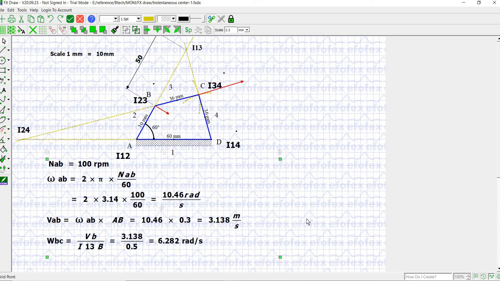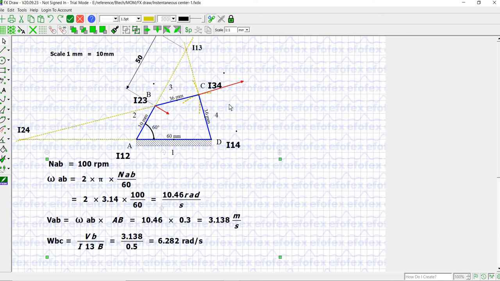So that is the angular velocity of the connecting rod. Now we find out the angular velocity of the rocker. The rocker is CD, rotating about the point D. If you know the angular velocity of this link, you can find out the linear velocity of the point C. How can we find it?